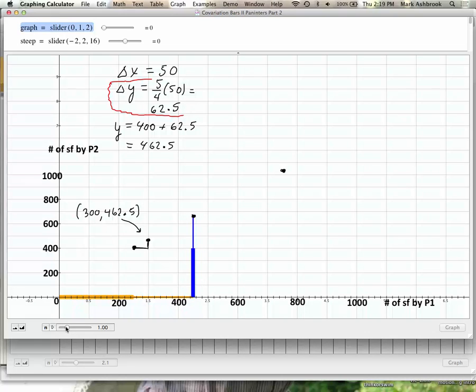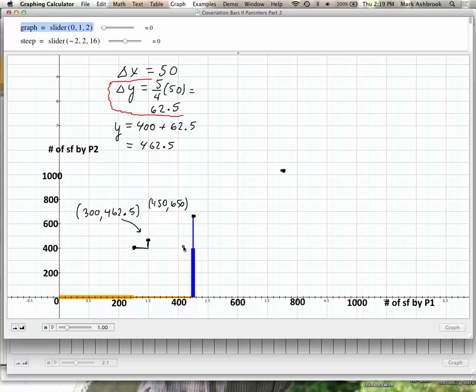All right, so I want you to do that again. Let's start here, and now let's do a change of x of 150. So what was that original point? 450, 650? Painter 1 from here is going to paint an additional 150, and you're going to work through this process again to find the new amount painted by Painter 2.